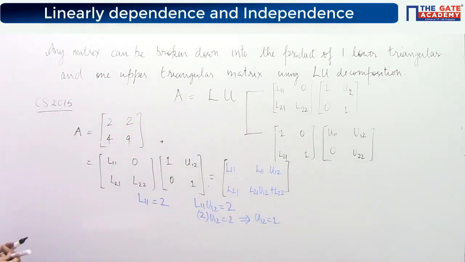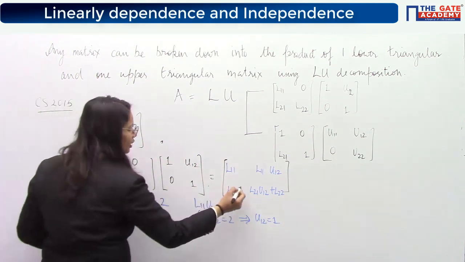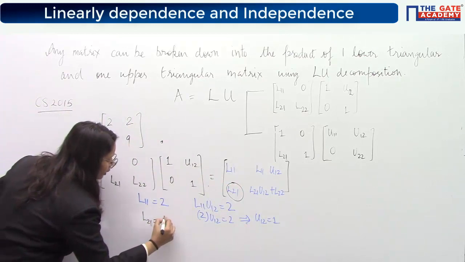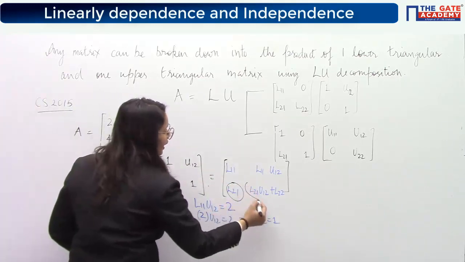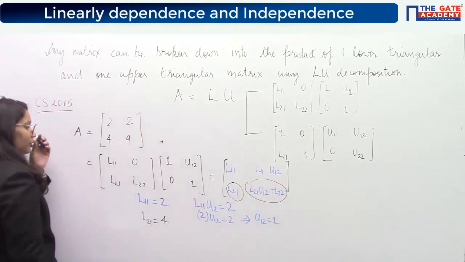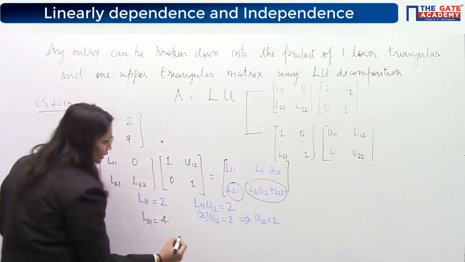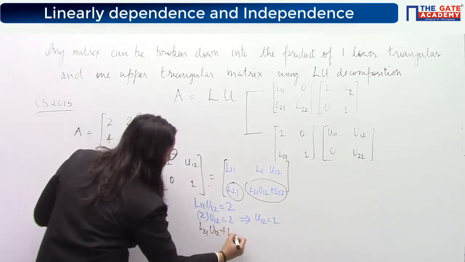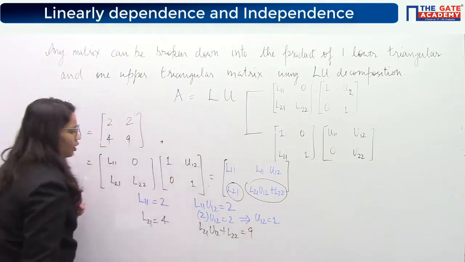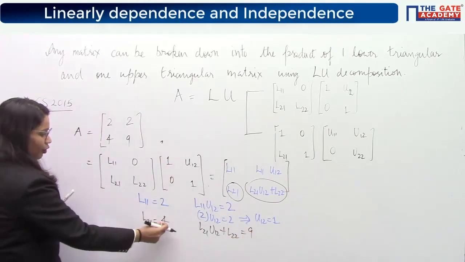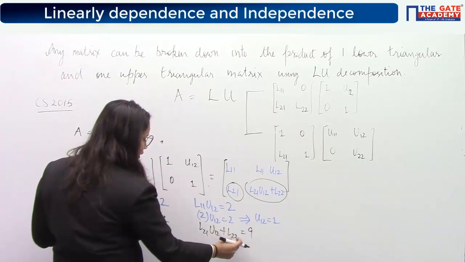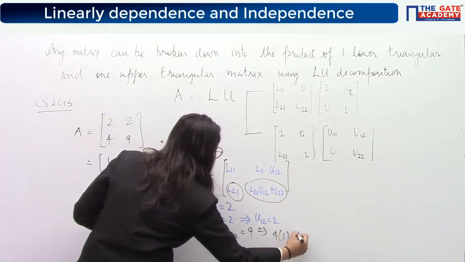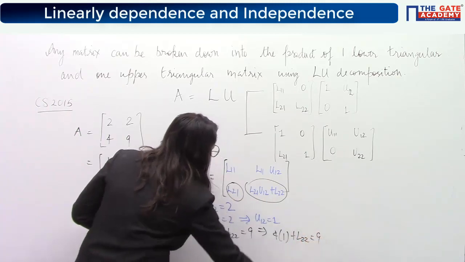U12 is 1. Then on comparing, L21 is equal to 4, and similarly L21 U12 plus L22 is 9. Substitute the values as 4 here and 1 here, and you will get L22. So 4 into 1 plus L22 is 9.